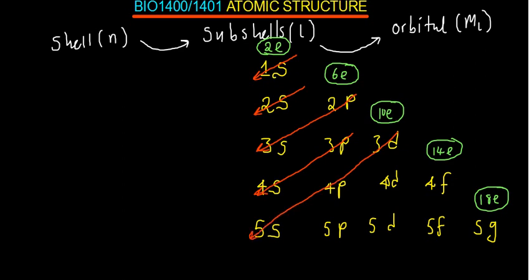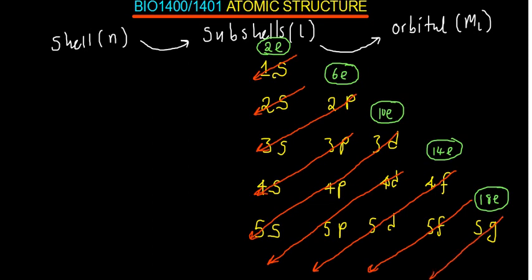From the 5s we go to the 4d, 5p, and then the arrow goes like that. From the 6s, which I have not even included here, we go to the 4f, 5d, and then continue going like that. If you reach the s again, come here like that. The ones which are down, I've not just shown them. So this is how energy increases.